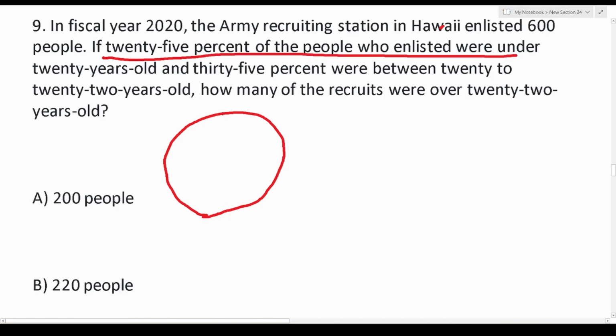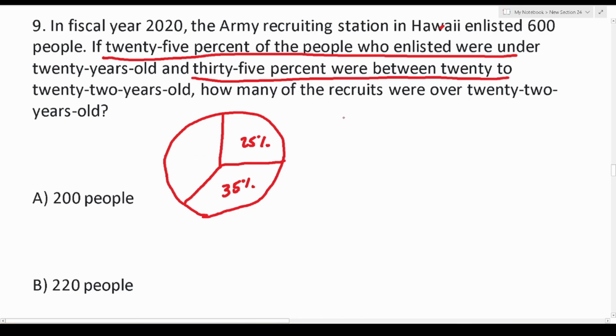So that looks like this. 25% are under 22 years old. We know another 35% are between 20 and 22 years old. So that kind of looks like this. Again, that is 35%. Question is, what is this remaining percentage that is older than 22 years old?